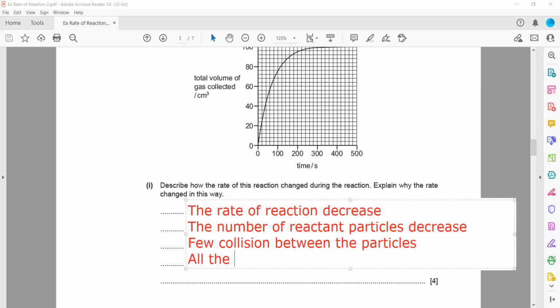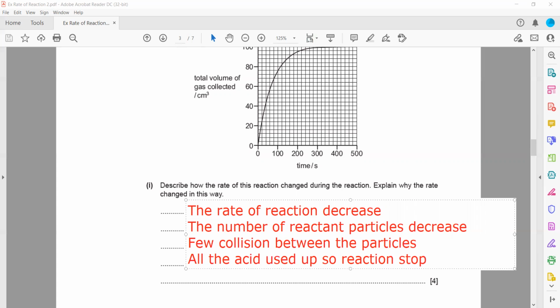Because magnesium carbonate is in excess, we cannot say magnesium carbonate is used up. So we will mention all the acid used up. So the reaction stops.